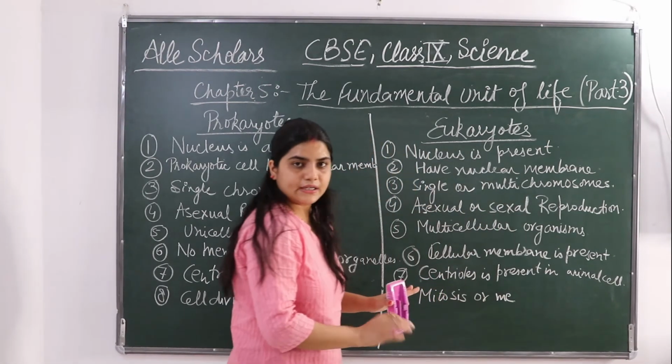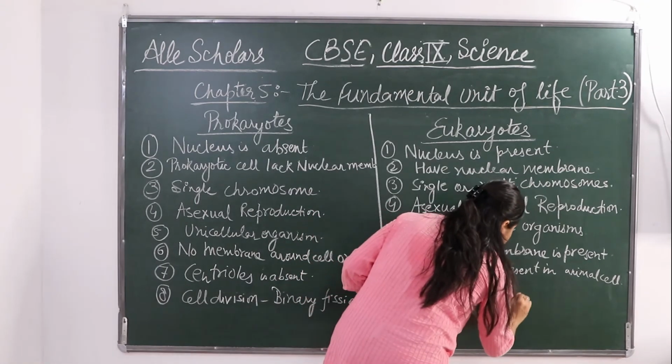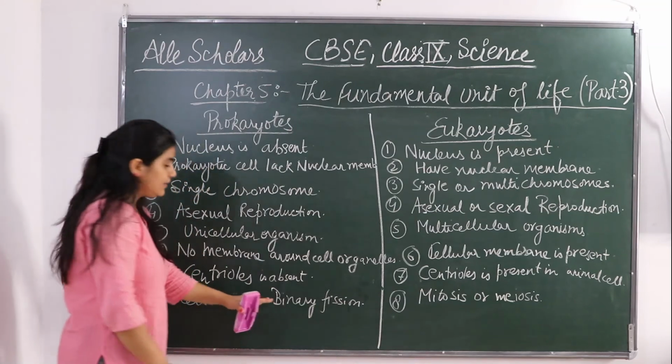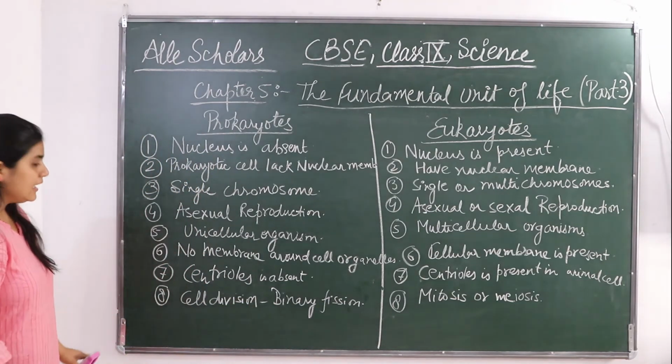Both types of cell division take place, mitosis and meiosis, whereas in prokaryotes only binary fission takes place.